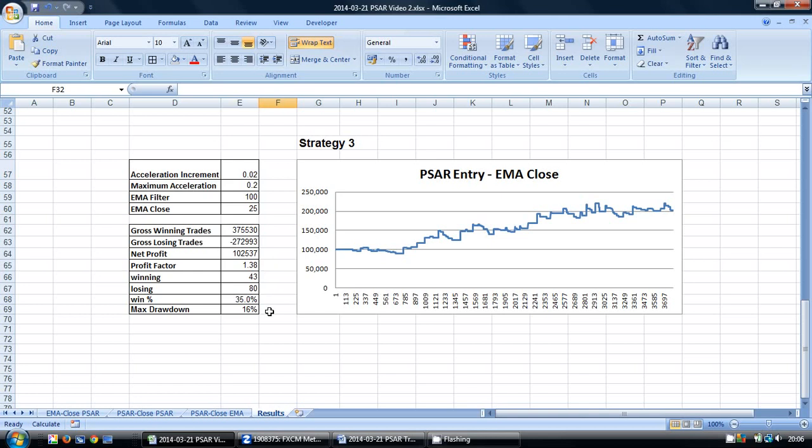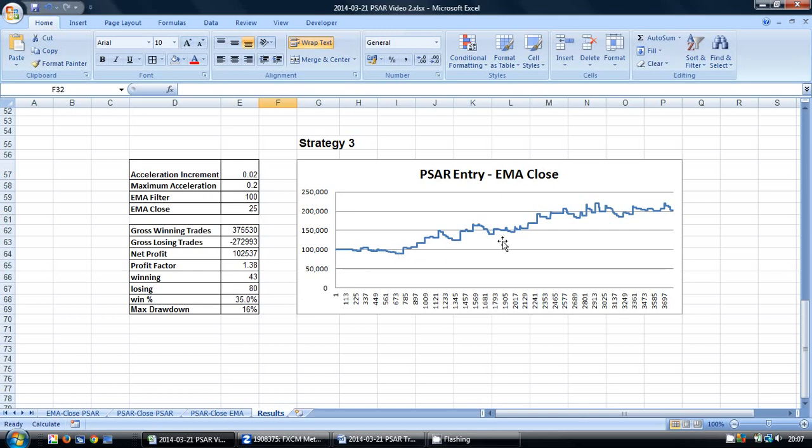The reason we've got a lower win percentage is that our closing mechanism is slower and won't be able to close some of the losing trades in time, as the PSAR closing system would do. But the advantage of using an EMA close is that it allows the trends to go on for longer if they are able to.